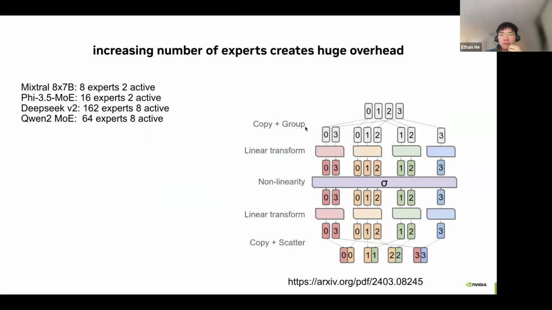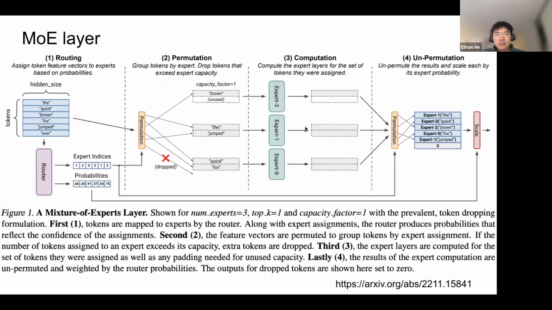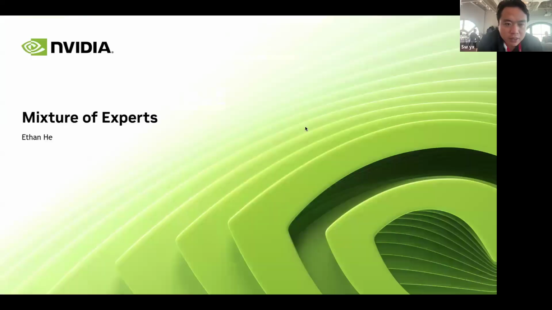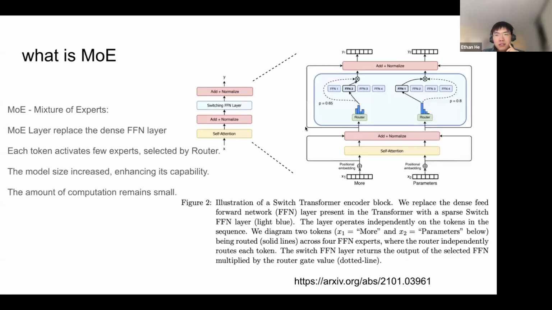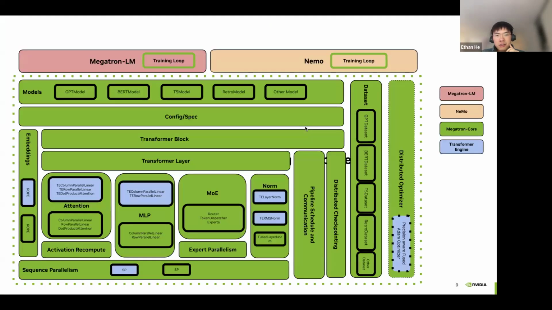You can import them as a standalone module and apply them to any of your models. Yeah, you can import Megatron Core as a library and just use it in your network. But I think there are some caveats.